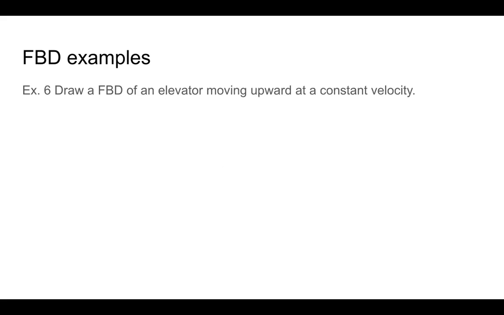All right, example number 6, we're going to draw a free body diagram of an elevator moving upward at a constant velocity. So here I have my elevator. Again, this elevator is on the earth, so I have the force of gravity downward. Now this term constant velocity, remember, Newton's first law says an object at rest stays at rest, an object in motion stays in motion.